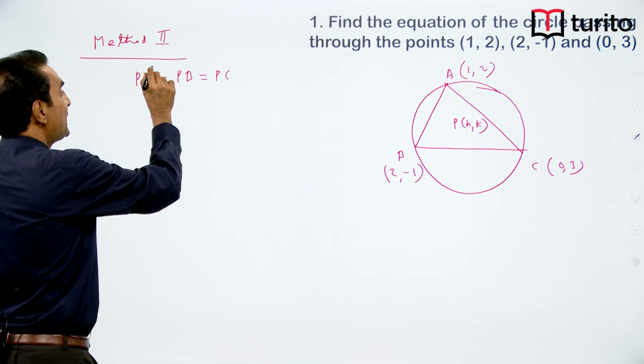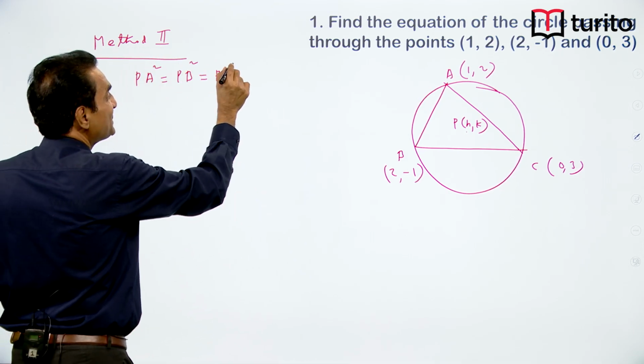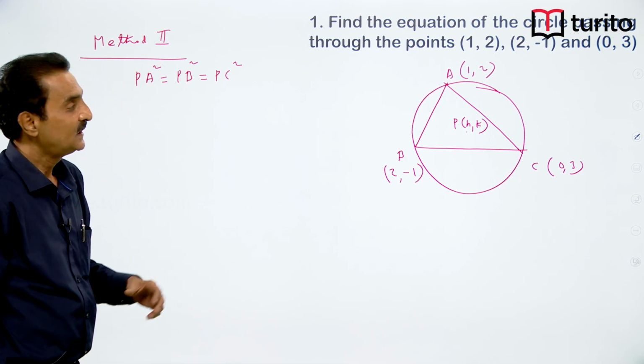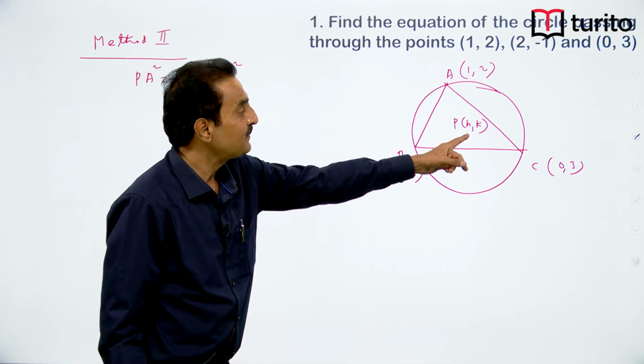Then you can write PA square is equal to PB square is equal to PC square. What is the formula for PA square?